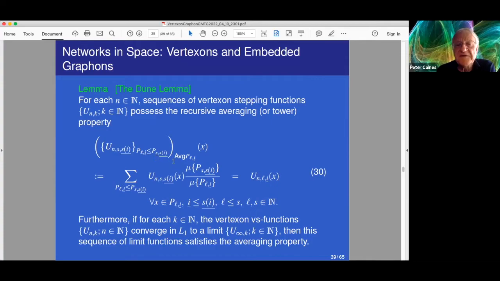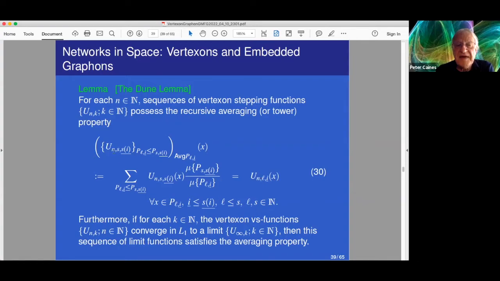If you average over the coarse partition cell i the values of the vertexon stepping function at the fine level, then the value you get will be equal to what you would have got had you simply gone straight to the coarse cell and computed the value of the stepping function there. So it's just like the tower property of conditional probabilities.